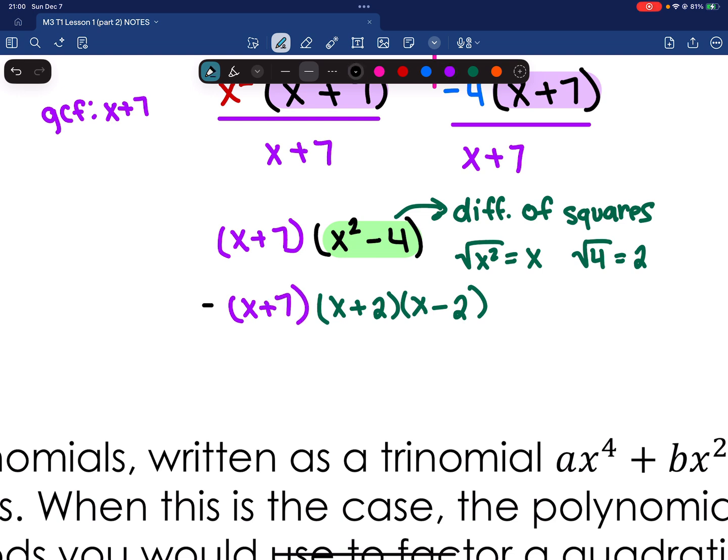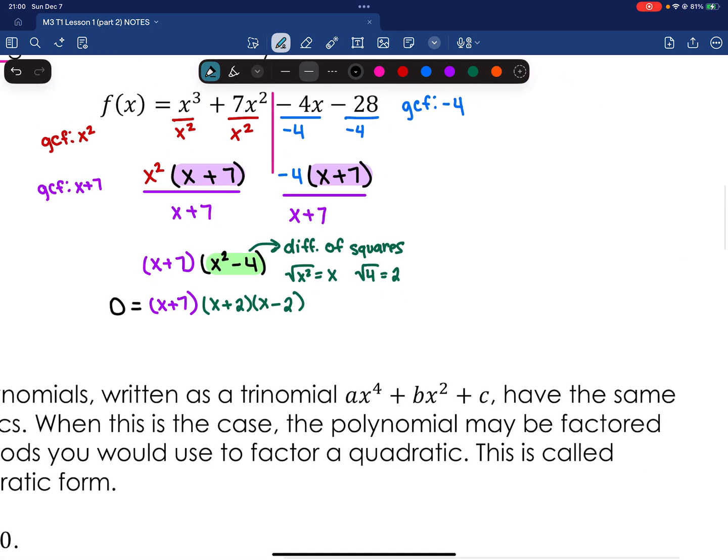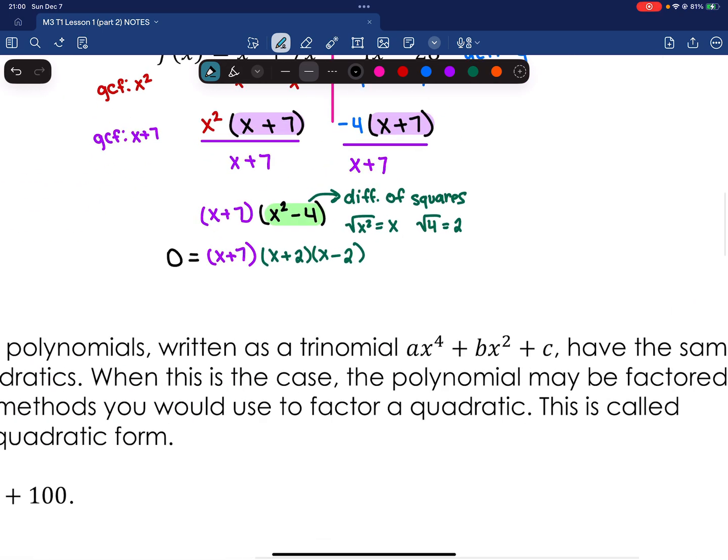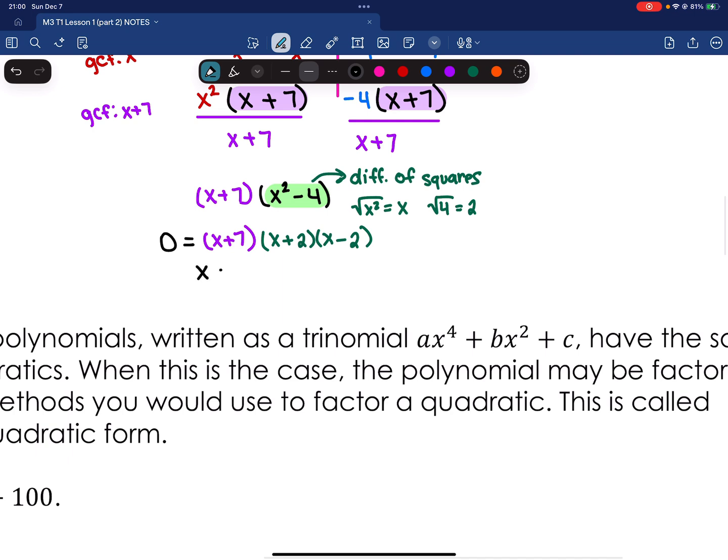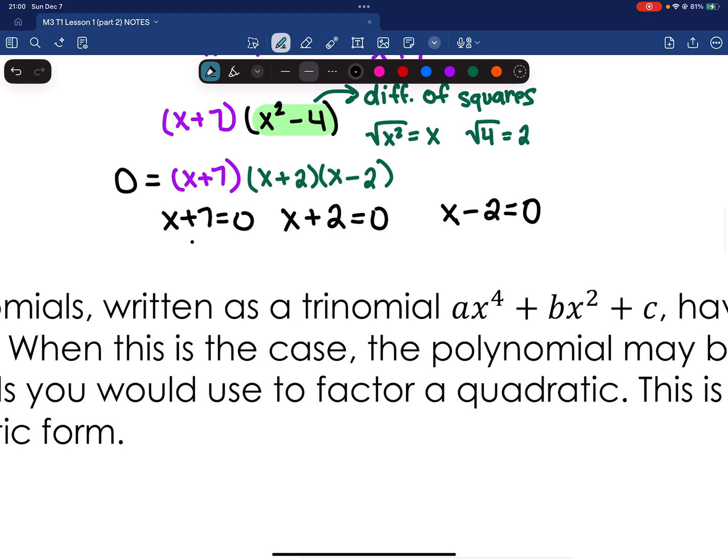So this is going to be set equal to 0, so we can solve for our x-intercepts. And so we have x plus 7 equals 0, x plus 2 equals 0, x minus 2 equals 0. We solve the first equation by subtracting 7.